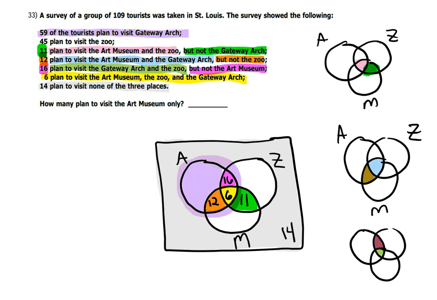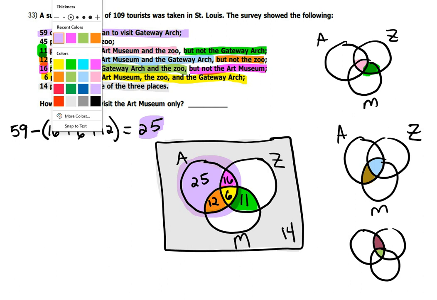And so to get that, I will take the 59 and I will subtract out the 16 and the 6 and the 12. Add those up. And so when I take 16 plus 6 plus 12 and subtract it from 59, I get 25. And so that 25 is this region right there.